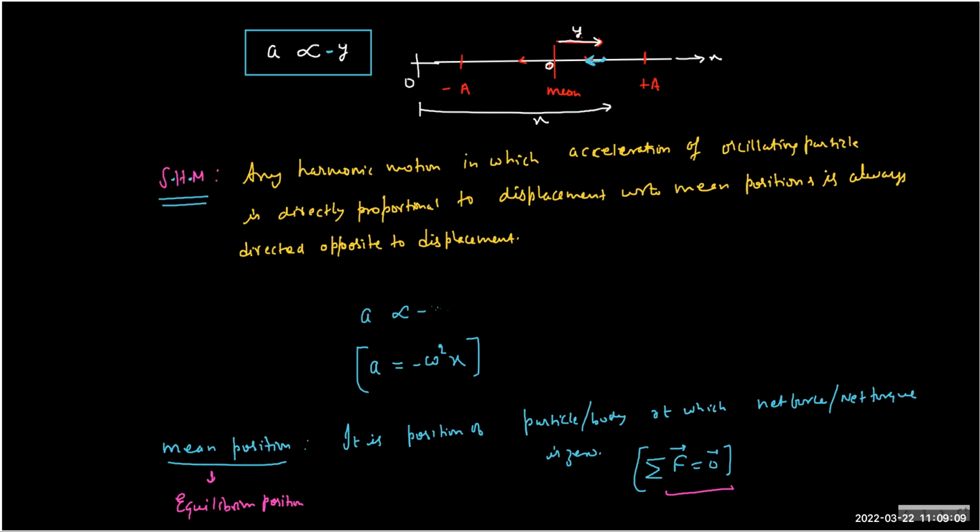So in the mathematical condition of SHM, what we realize is that the acceleration is proportional to the displacement calculated from the mean position, not from some other position. Let's call it O dash or something like this, just to distinguish between the other coordinate system. Okay.